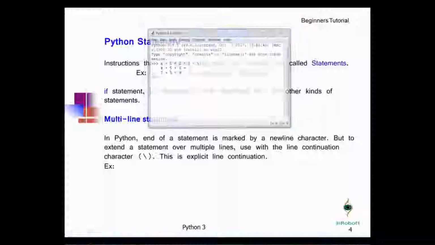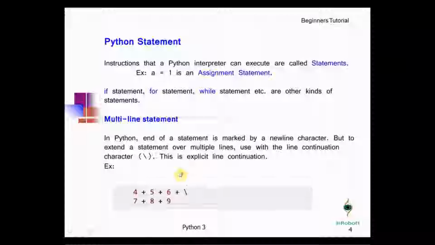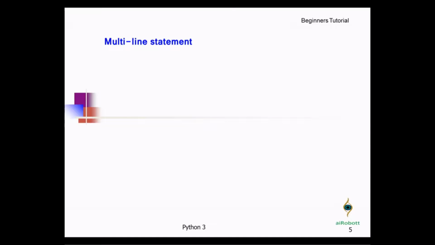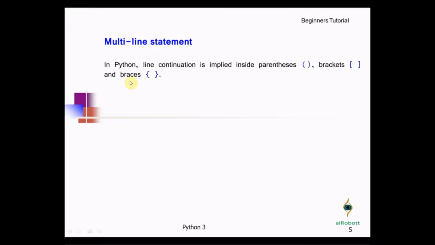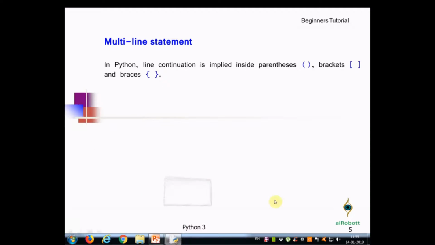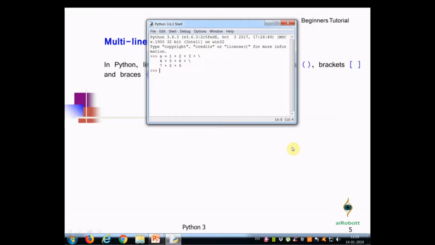Okay, friends. See here, this is the example. In multi-line statements, use parentheses, brackets, and braces for the multi-line statement. Let's see how it is. Let's take the same example as we have seen just now.